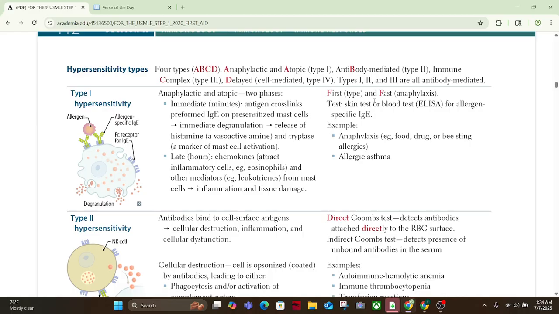Then you add a color changing chemical to that test plate, and if the patient is actually allergic to peanuts, the plate will turn yellow. And the more yellow it gets, the more IgE specific to peanuts is in the blood.